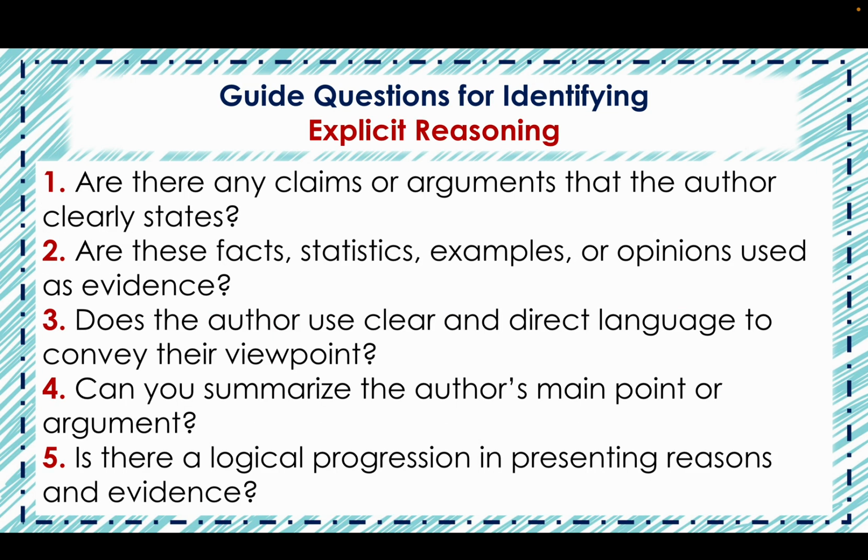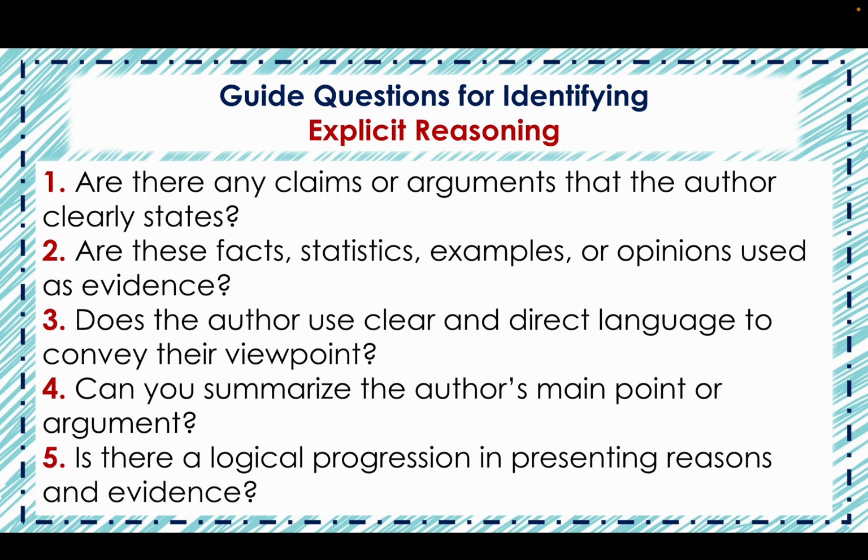So, what are the guide questions that you need to answer when you're identifying explicit reasoning in a text? So, we just have to read these questions and check whether you have this or not in the text that you're reading. So pause the video. And by the way, you also have this entire PowerPoint presentation on your Google Classroom.